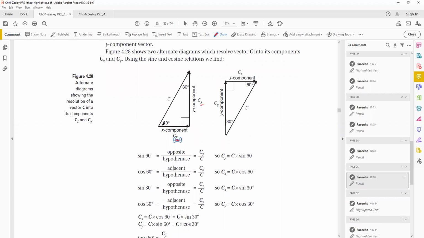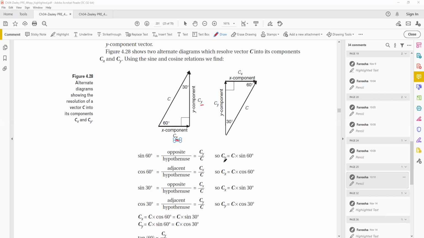One shows the triangle in the standard form, and the second shows a triangle in a rotated position, as I mentioned before. But the same rules apply, you just have to correctly identify which angle and which side means what, so that you don't make a mistake when applying the formulas.